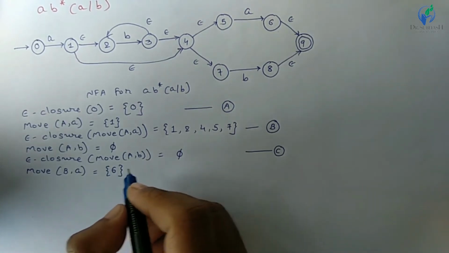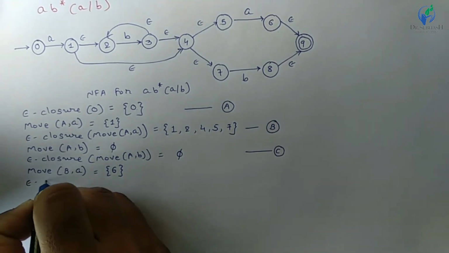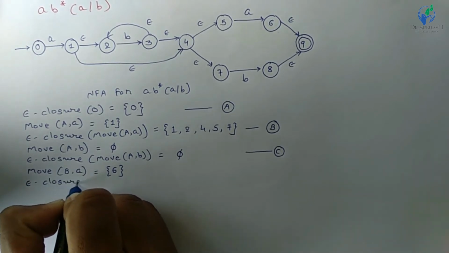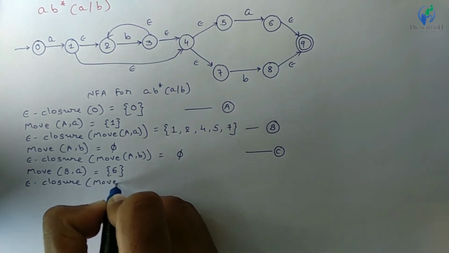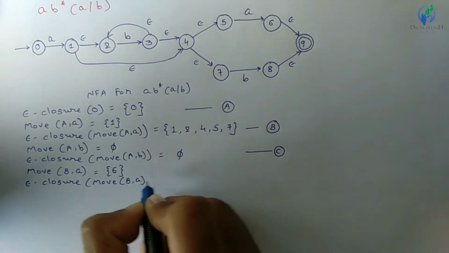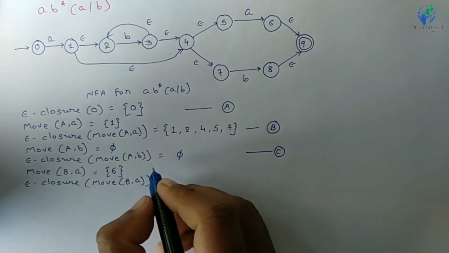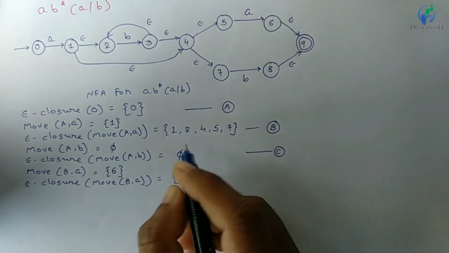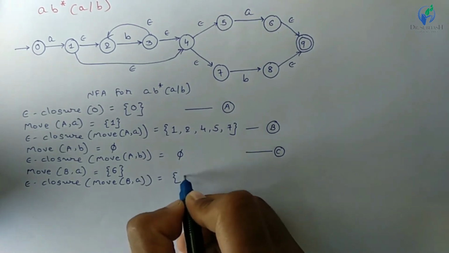Now find epsilon closure of move(B, a). So find epsilon transitions from node 6. So 6 itself, and from 6 any epsilon transition? Yes, which is 9.